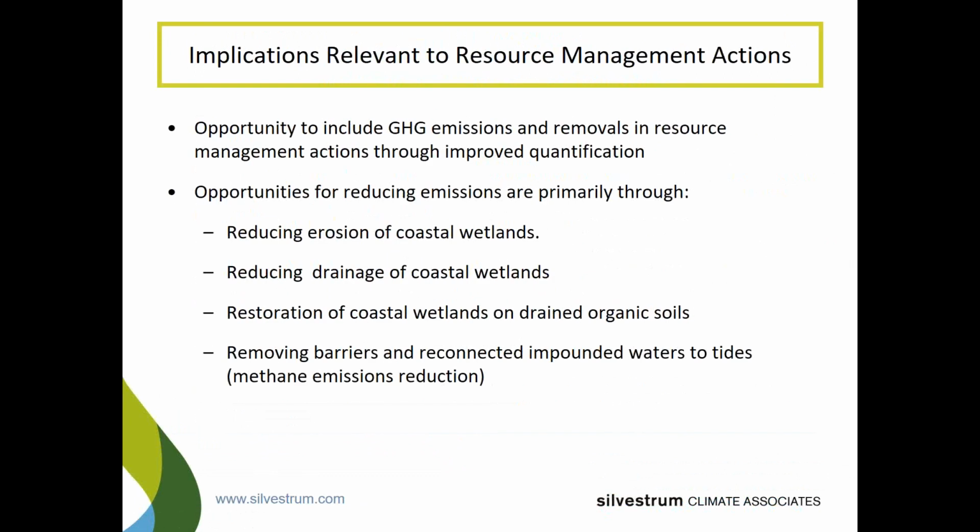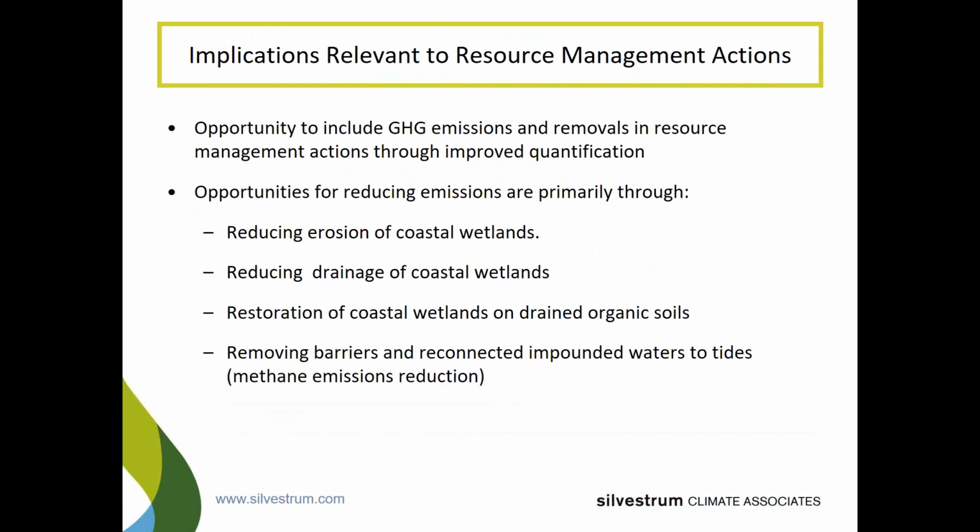The implications relevant to resource management actions. There is an opportunity for agencies to include GHG emissions and removals within their resource management actions through improved quantification. So it's an additional ecosystem service that we can recognize, as well as all the other ecosystem services associated with our land management.